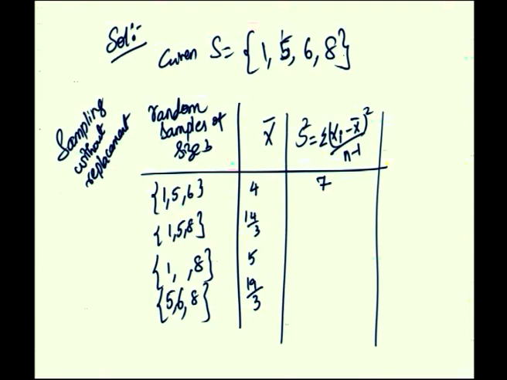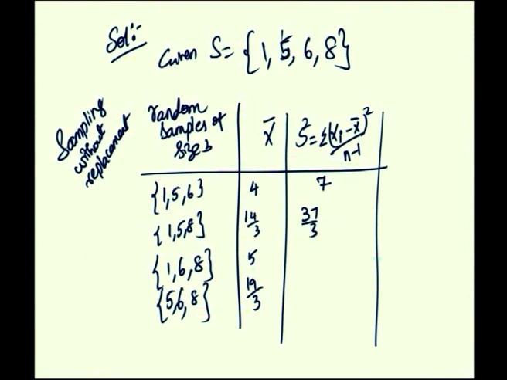Similarly, you can calculate it for 1, 5, 8, which is 1 minus 14 by 3 whole square plus 5 minus 14 by 3 whole square plus 8 minus 14 by 3 whole square. The whole thing divided by 2 gives you the answer 37 by 3.